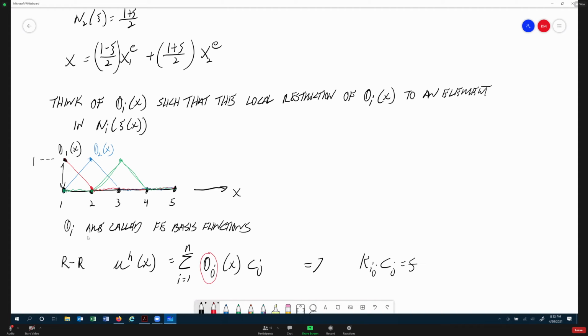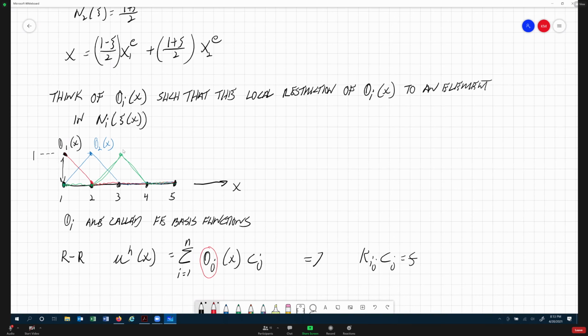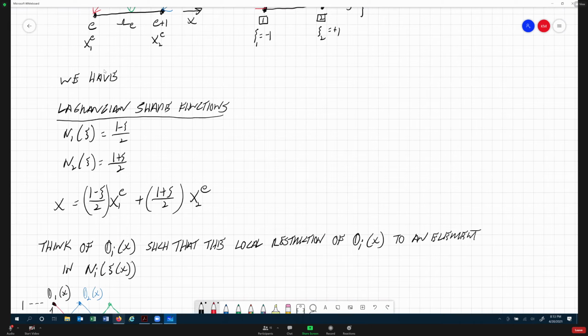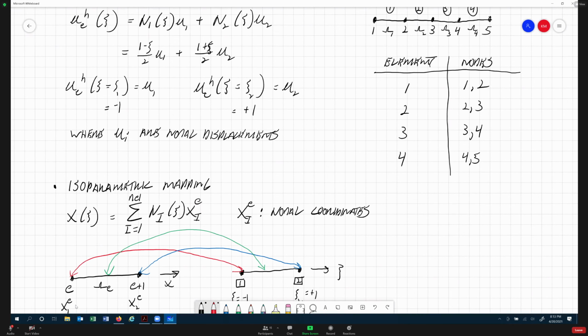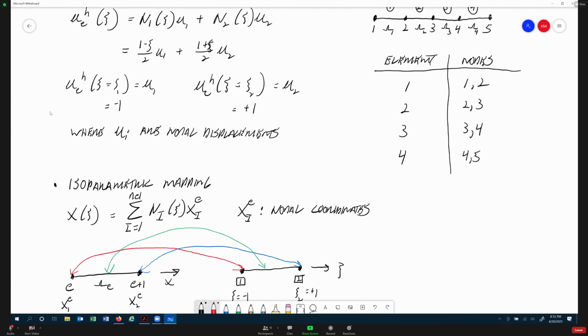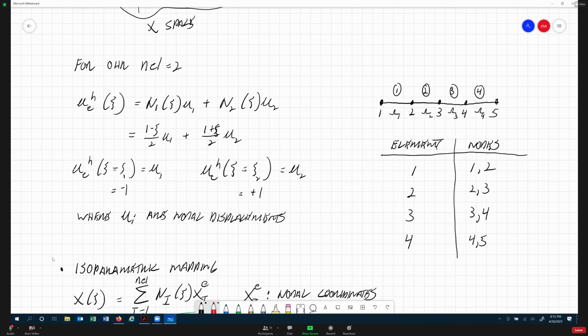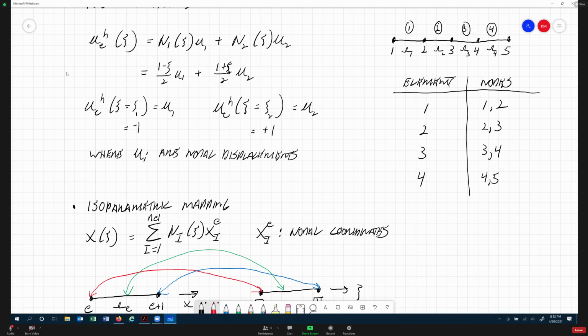So because we're talking about elements and mapping and nodal values, right, yeah.